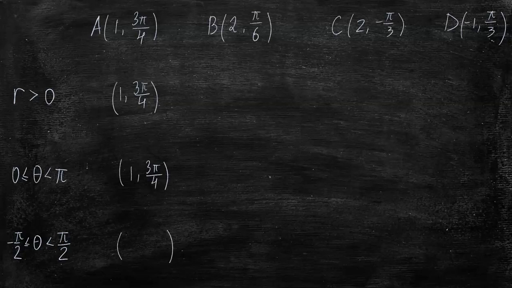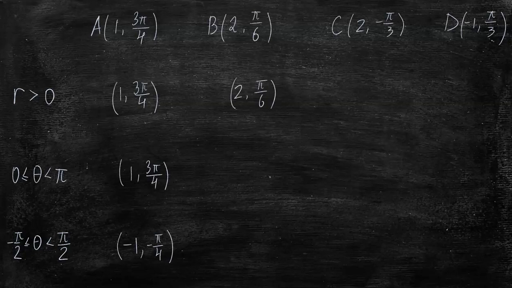So notice that if I subtract pi, 3 pi over 4 minus pi will give me negative pi over 4. And when you subtract an odd number of pi's, such as in this case where we subtracted 1 pi, you have to change the sign of the radial coordinate. We do the same thing here. This one is actually nice.